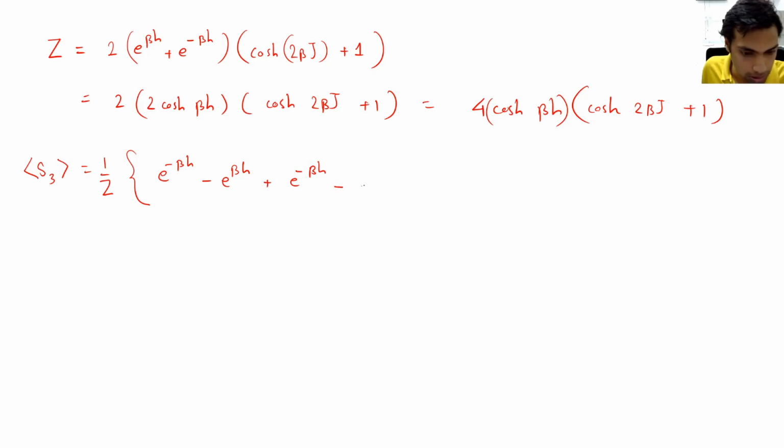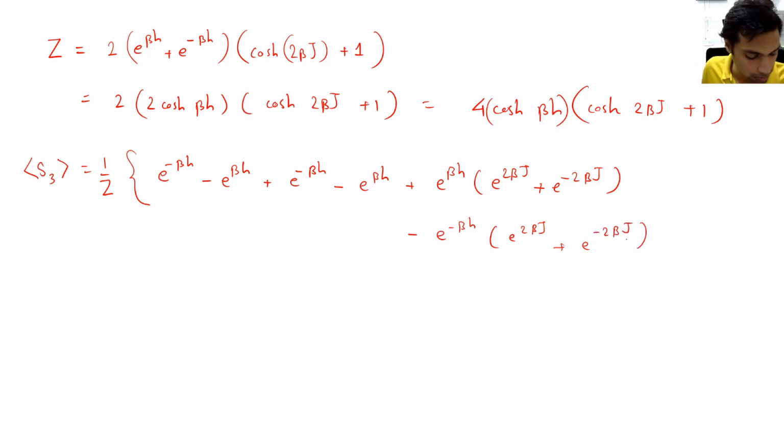Minus beta h minus e to the power beta h plus e to the power beta h e to the power 2 beta j plus e to the power minus 2 beta j minus e to the power minus beta h e to the power 2 beta j plus e to the power minus 2 beta j. Okay, and then we have to put the bracket.